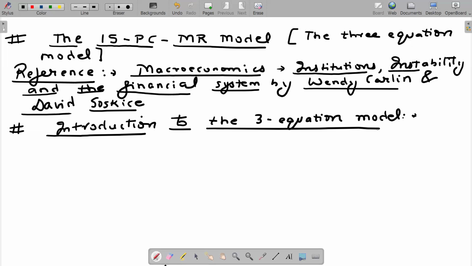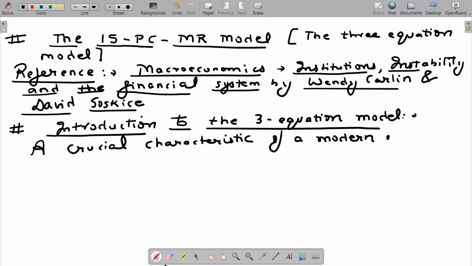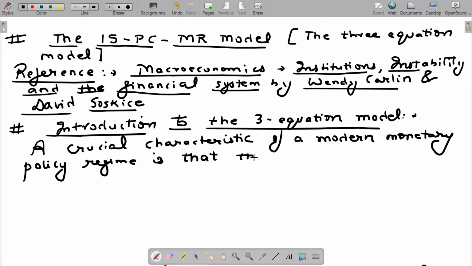So I can write that a crucial characteristic of a modern monetary policy regime is that the central bank is forward looking.